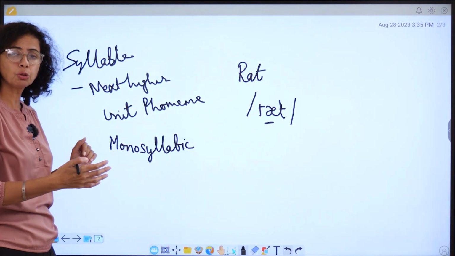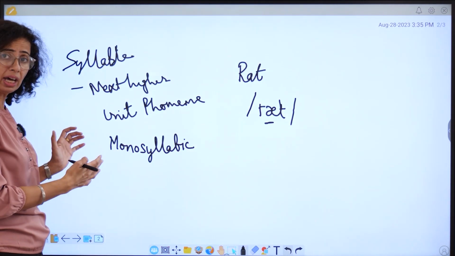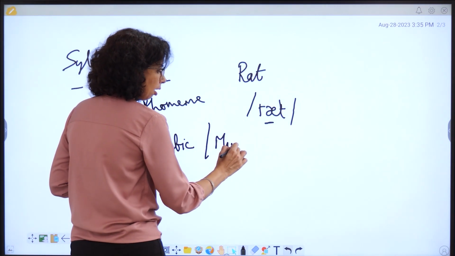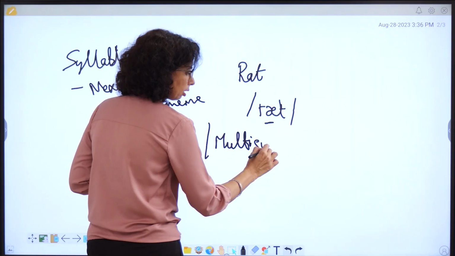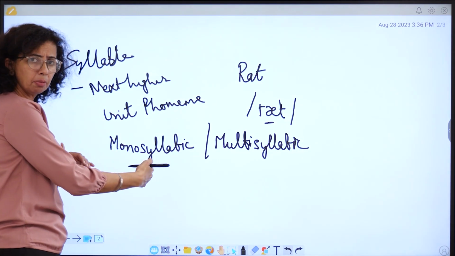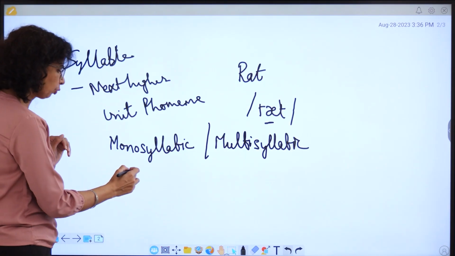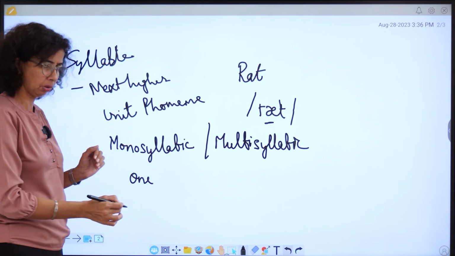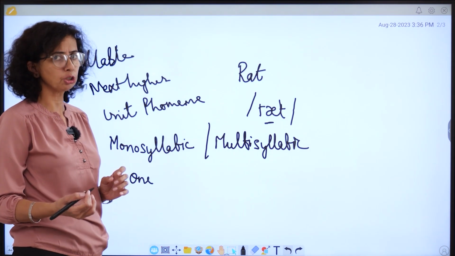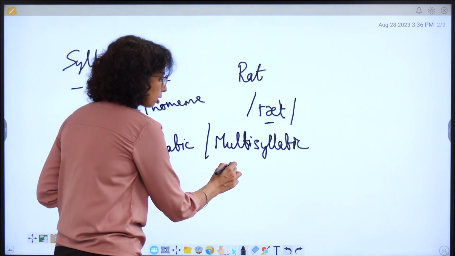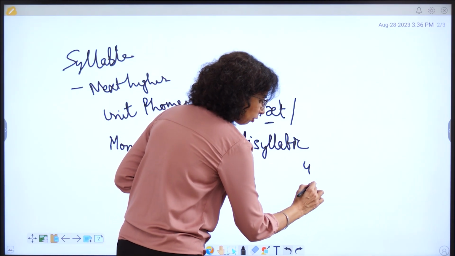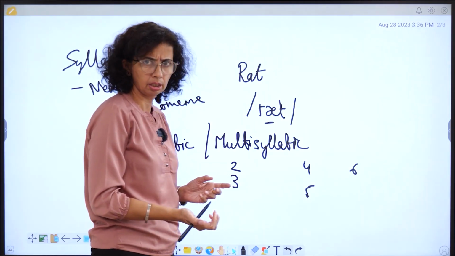And the words which have more than one syllable in them, we call multisyllabic. Mono tells us that it is one in number, but in multisyllabic words there are different numbers of syllables in a word. It can be 2, 3, 4, 5, or 6.